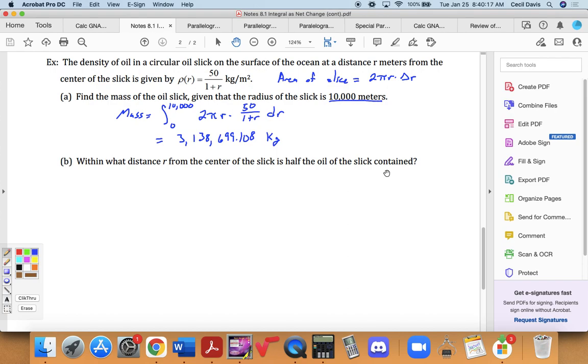Within what distance r from the center of the slick is half of the oil contained? Oh, this is a more difficult problem.